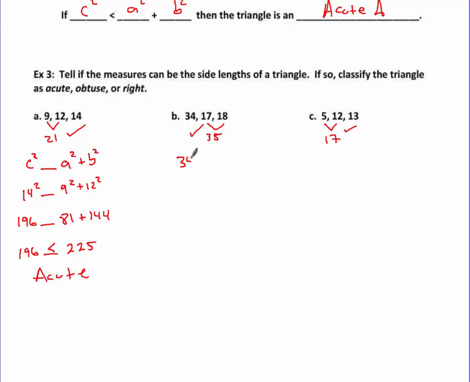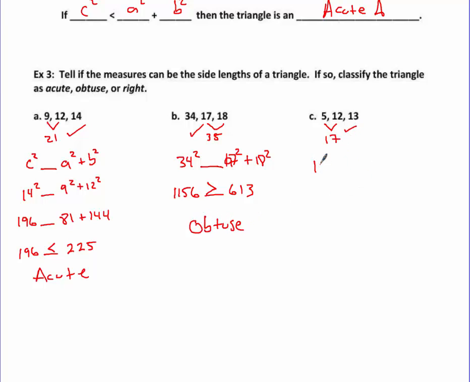All right, 34 squared. Oops. 17 squared plus 18 squared. So 34 squared is 1156. So we can just type 17 squared plus 18 squared right in our calculator, and it gives us 613, which is clearly less than 1156. So the C squared is greater, which means this is obtuse.